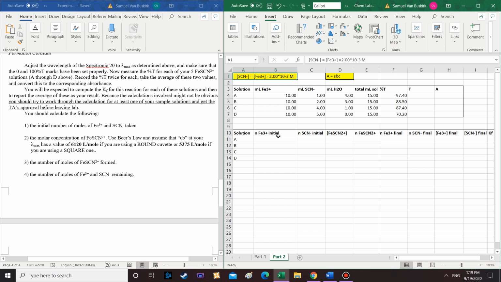So to start with, we're going to start with solution A. So to start, you had 10 milliliters of the iron solution and 1 ml of the thiocyanate solution.